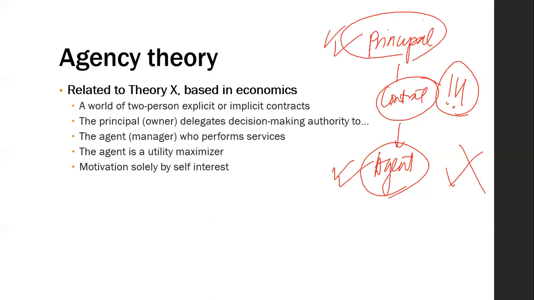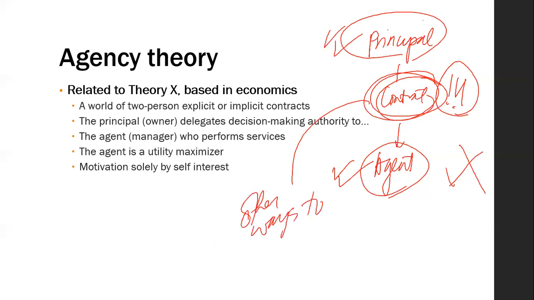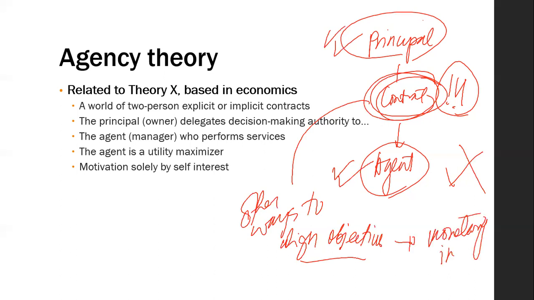Okay? And usually we define that through contracts and through other ways to align objectives. And one way to align objectives is through monetary incentives. Okay? Anong classic niyan? For example, you are the principal, may lupa ka, you contract an agent to sell your land.